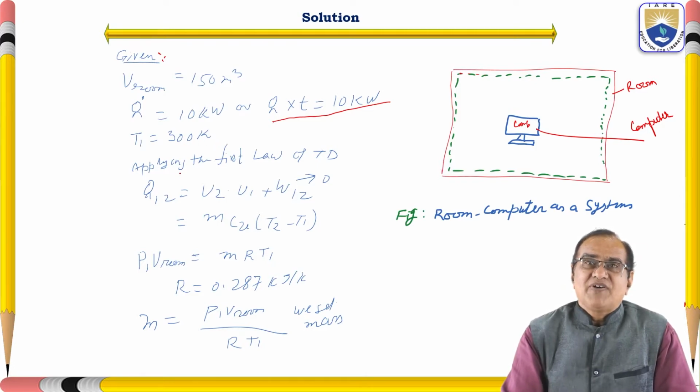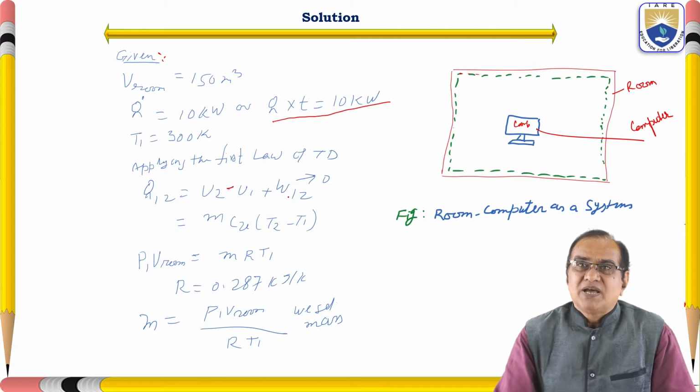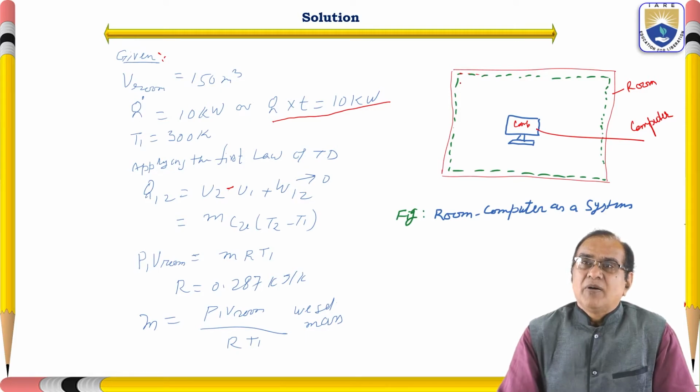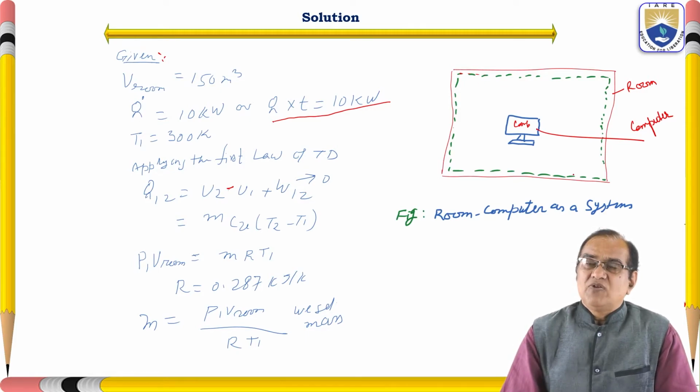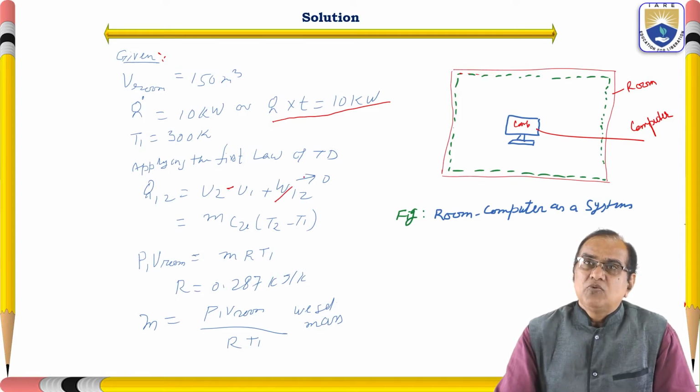So if we apply the first law of thermodynamics, we can see that Q12 is equal to U2 minus U1 plus W12. Here W12 is 0 because there is no change in volume at the boundary. So this W12 is 0.